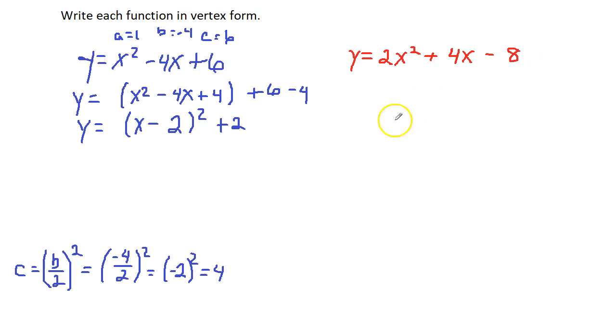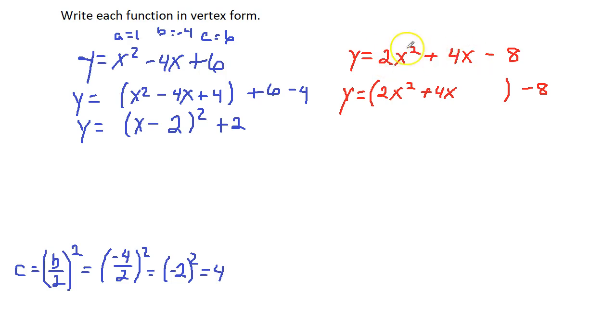Why not? We're going to start out the same way. We're going to put in parentheses, so y equals 2x squared plus 4x, parenthesis, and our minus 8.